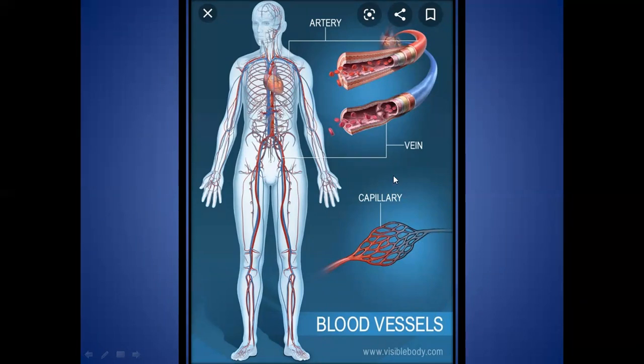The main function of capillaries is that they absorb oxygen and release carbon dioxide. In capillaries, the deoxygenated blood, which has carbon dioxide, releases that carbon dioxide and absorbs oxygen, and then these capillaries combine together and form big arteries and big veins.